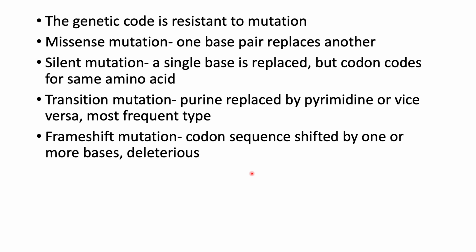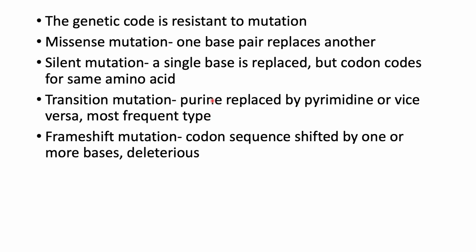This genetic code is resistant to mutation. In this sense, a mutation is one where one base pair replaces another. Silent mutations, the single base is replaced, but the codon codes for the same amino acid. This accounts for some of the redundancy that's shown up by the 3rd nucleotide in the codon. Transition mutations, the purine is replaced by pyrimidine, or vice versa, and this is the most frequent type.